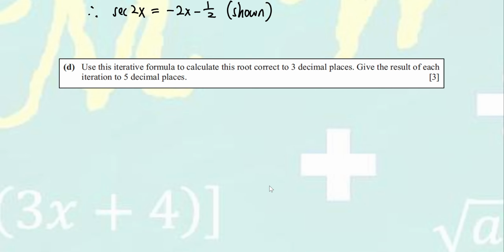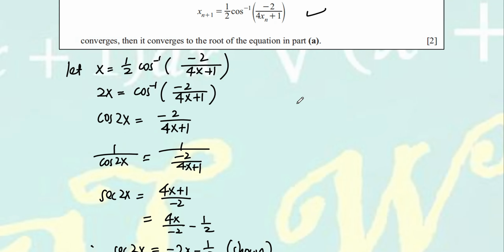D. Use this iterative formula to calculate the root correct to 3 decimal places. Give the result of each iteration to 5 decimal places. So first of all, just copy the formula.